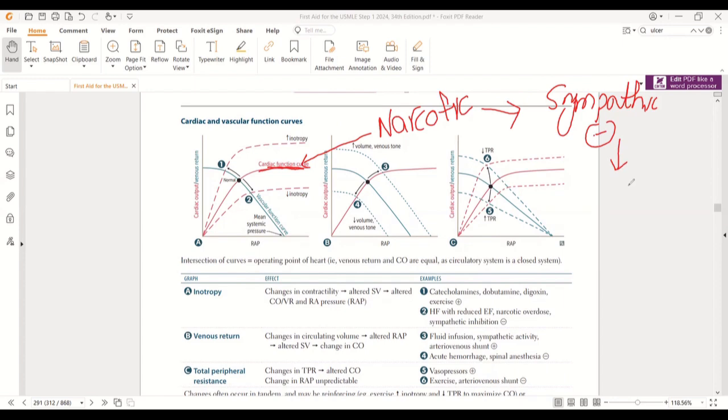Sympathetic inhibition leads to decreased contractility. So this contractility that is here is decreased, so it is moving downward, right? So inotropy is basically the contractility of the heart. Inotropy and contractility are the same thing.